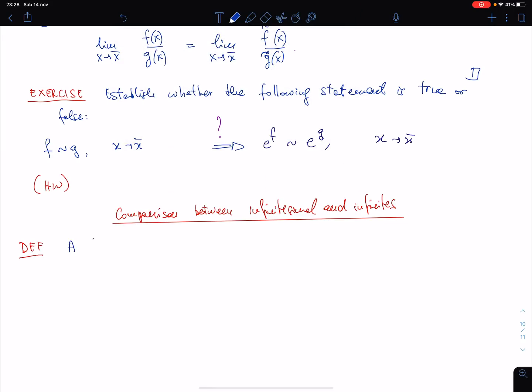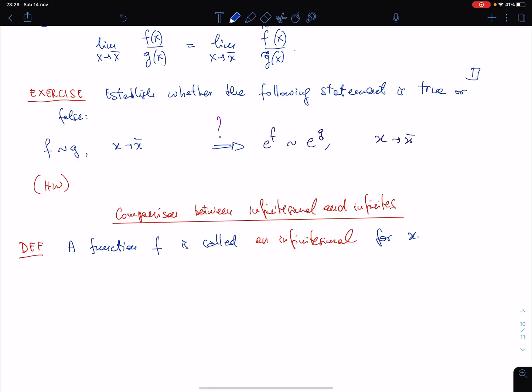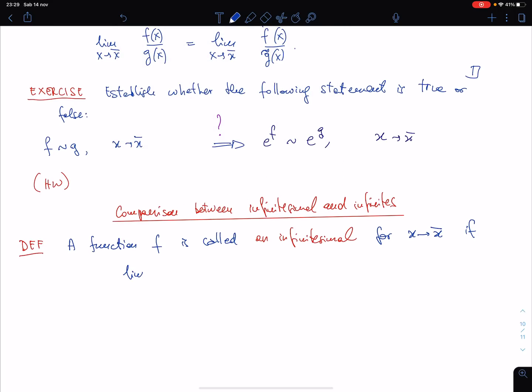So we start with a definition of infinitesimal. A function f is said to be an infinitesimal as x goes to x bar if the limit for x going to x bar of f of x is equal to 0, or equivalently, if f of x is little o of 1 as x goes to x bar.